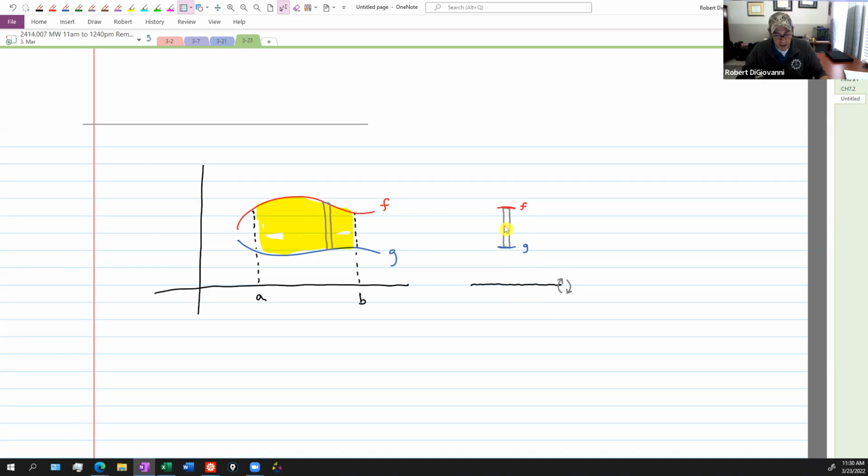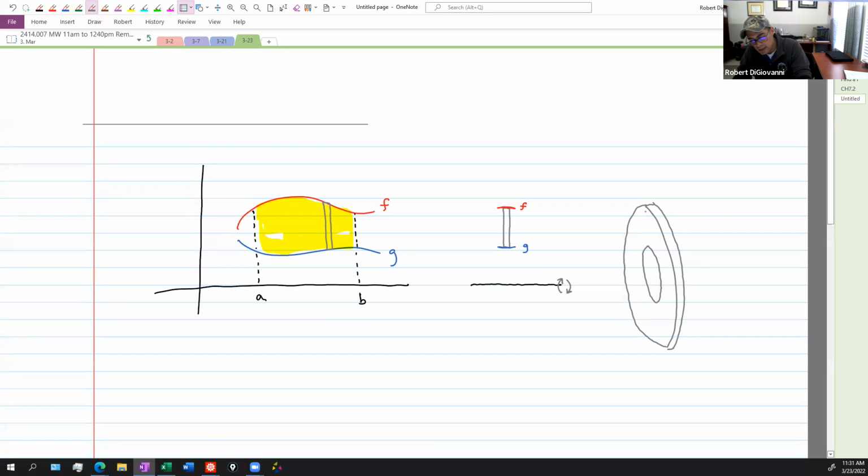Now, when I do that, this is going to be the tricky part for you. You're going to have to see that you have this washer. I'm going to draw it to the side. The washer would look like this. The inside would have a hollow piece to it like that.